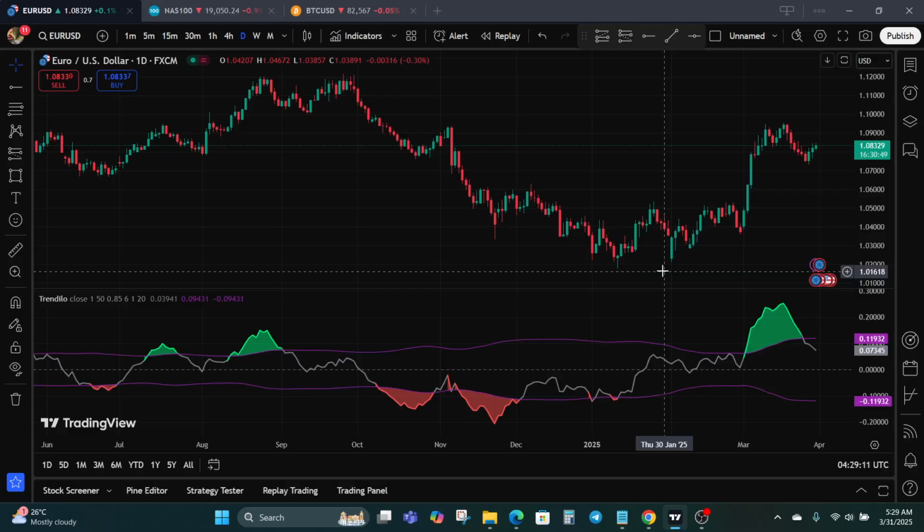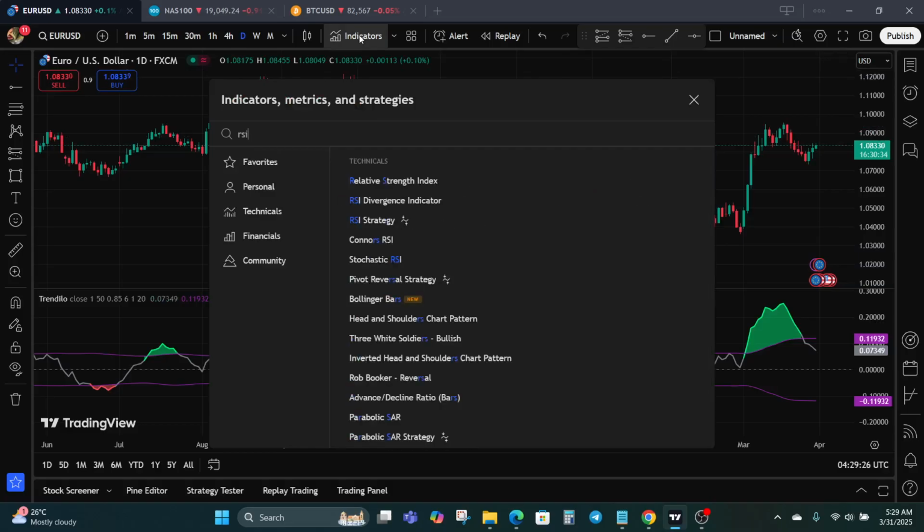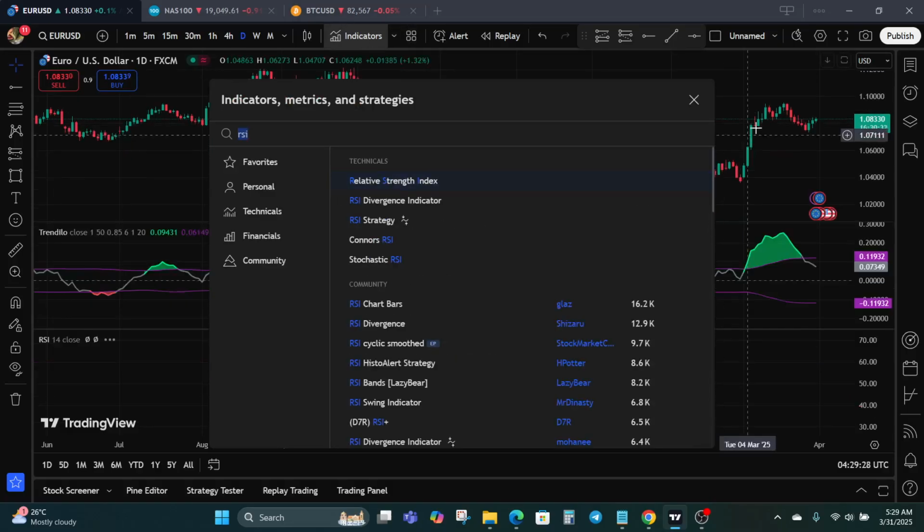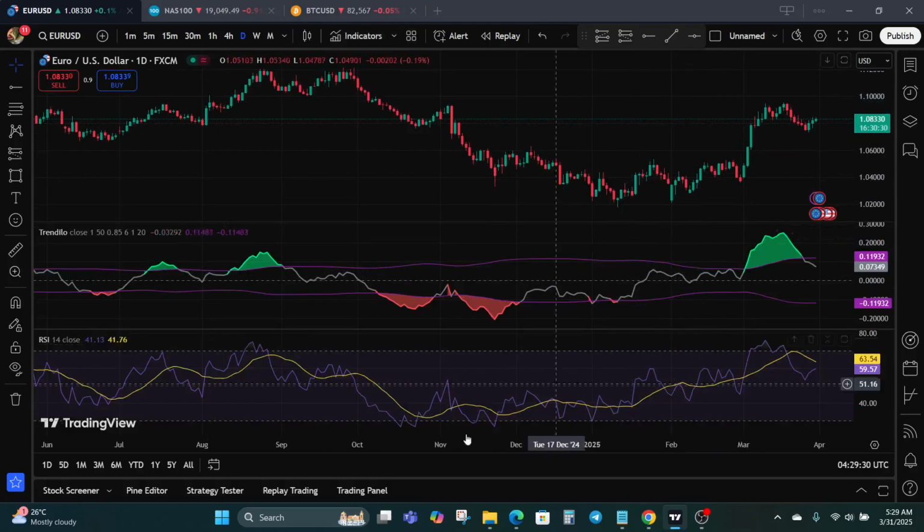Now, let's just quickly look at the problem that the relative strength index, the standard RSI, has. In as much as the RSI is a great tool, let me just add RSI to the chart first of all. Okay, the relative strength index is actually a great tool, right? But it has some flaws.